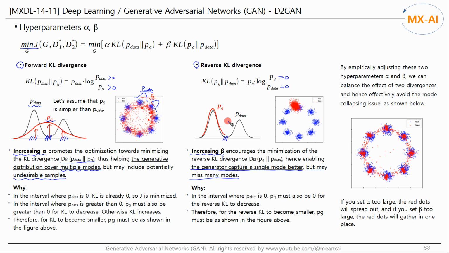Therefore, for the reverse KL to become smaller, PG must be as shown in the figure above. That is, as beta increases, mode collapse occurs. By empirically adjusting these two hyperparameters, alpha and beta, we can balance the effect of two divergences, and hence effectively avoid the mode collapsing issue, as shown below.